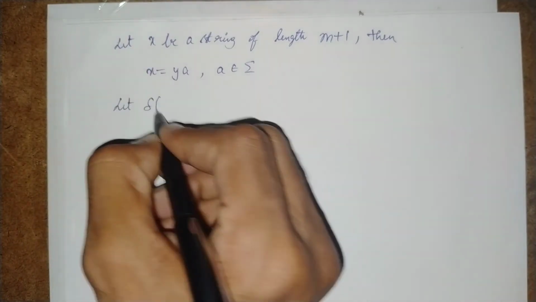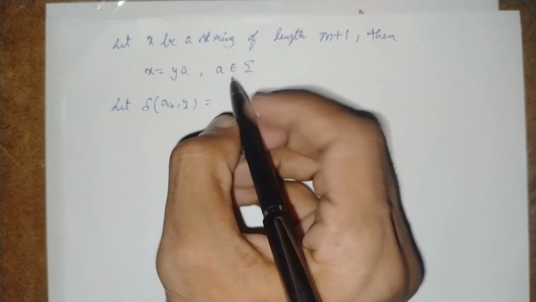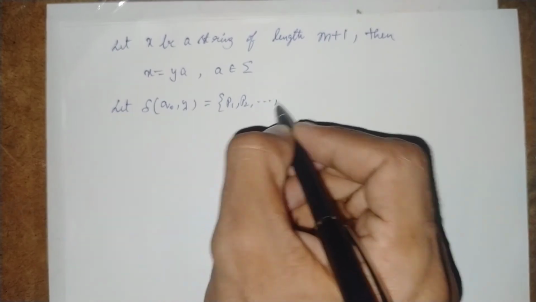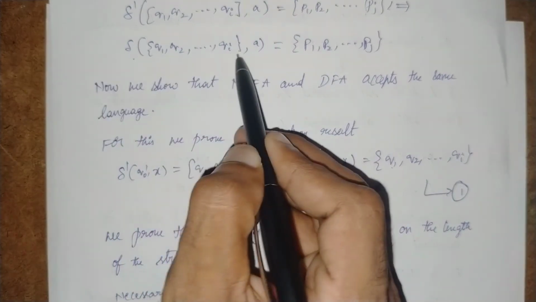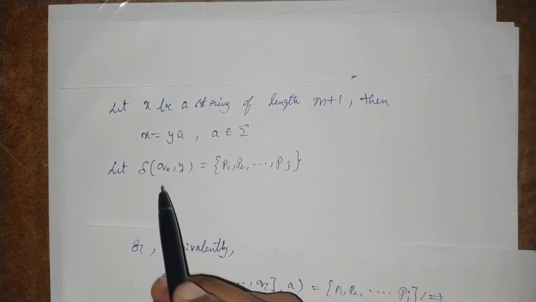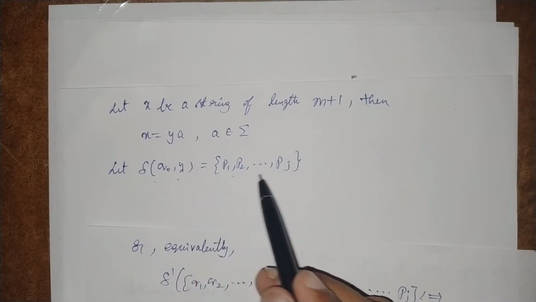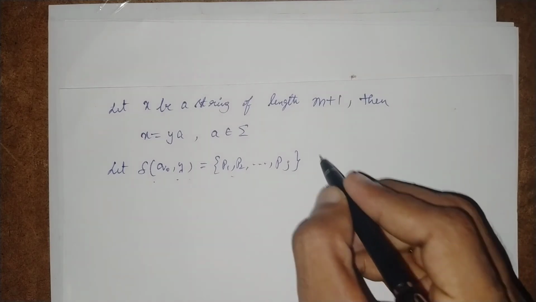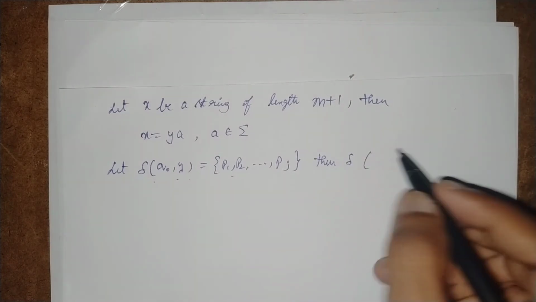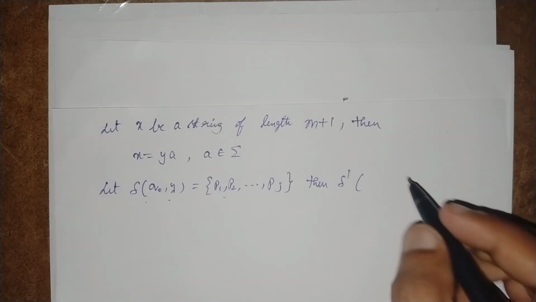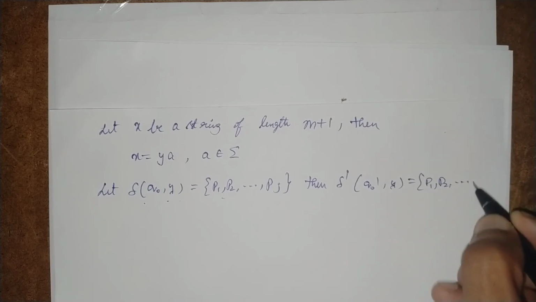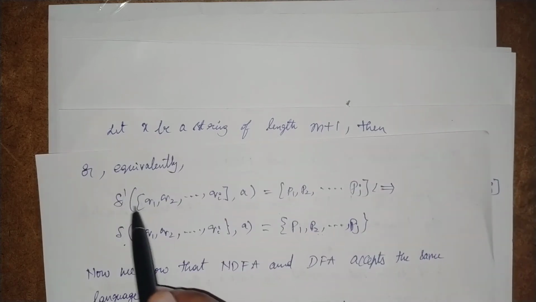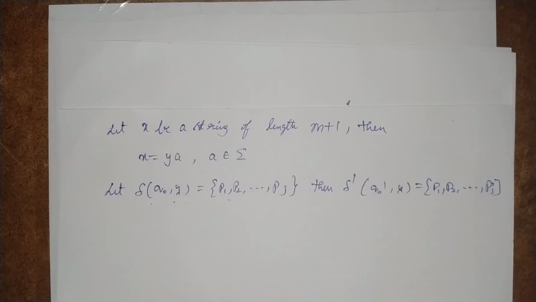So now let delta of Q0 comma y be equal to E1, E2, so on, Ez. Then delta dash of Q0 dash, y is equal to E1, E2, so on, Ez. Similarly, delta dash of Q0 dash, w is equal to P1, P2, so on, Pz.